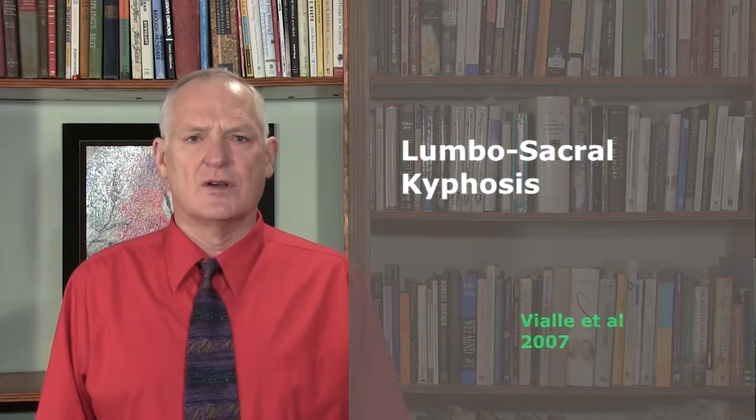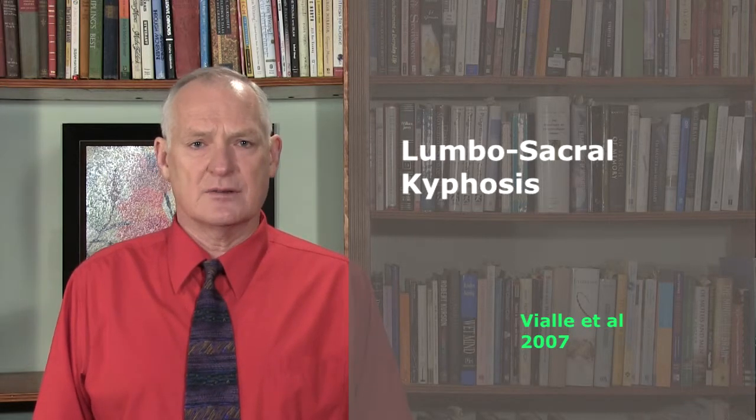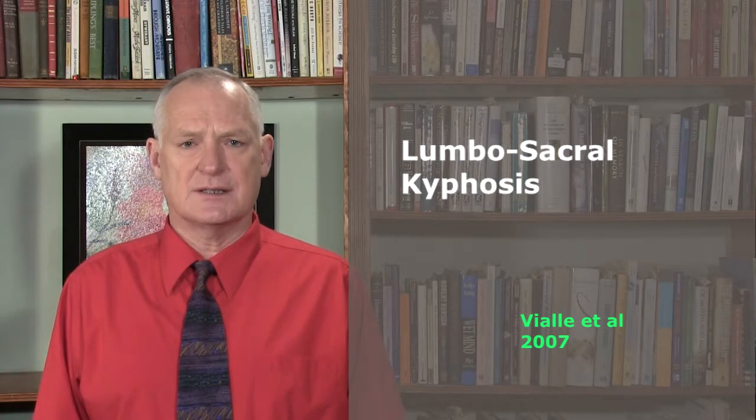LSA is a measurement for lumbosacral kyphosis, for which Vialle 2007 stated that lumbosacral kyphosis is an even more predominant factor in theories of pathogenesis in spondylolisthesis than pelvic incidence.